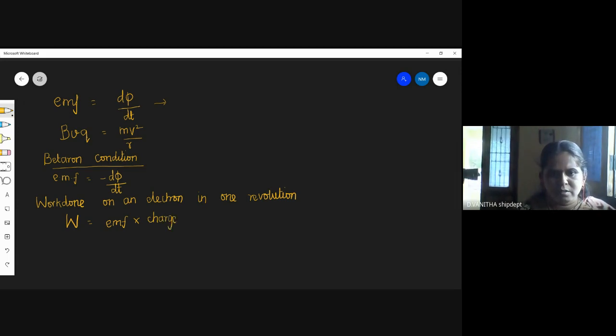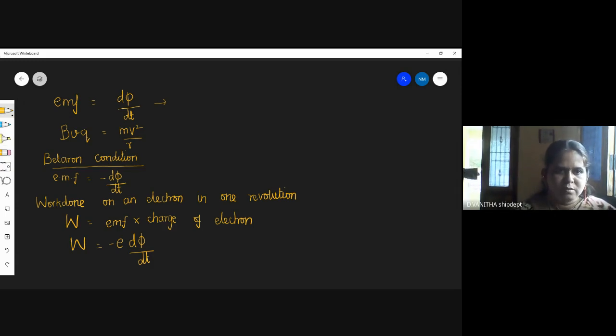Here the charge of electron is e. The EMF we already found is minus d phi by dt. This is the work done on an electron in one revolution.